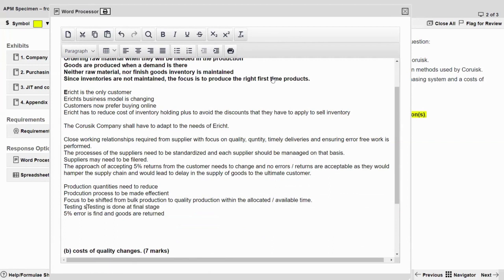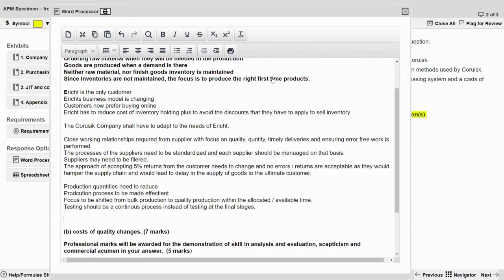The testing should be a continuous process instead of testing at the final stages. Now, you would see that this is how I have identified the different pointers that I'm going to use in order to answer this question.